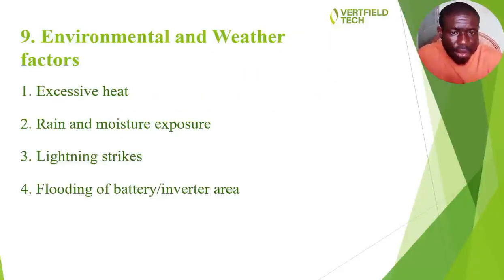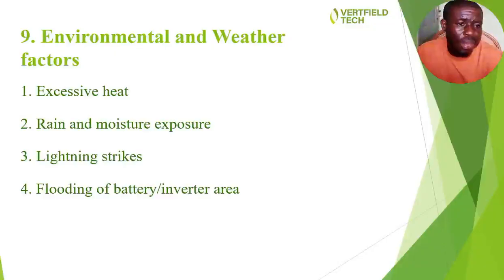So, environmental and weather factors. Yes, environmental and weather factors are another very key important factor to consider, and one of the causes of failures of solar systems. Excessive heat. For those of you who have gone through our short tutorial on technical parameters of solar panels, you will observe that your solar panel gives what we call temperature at STC.